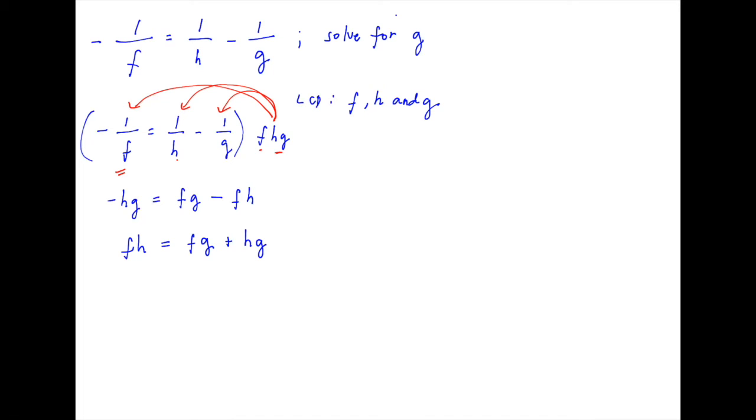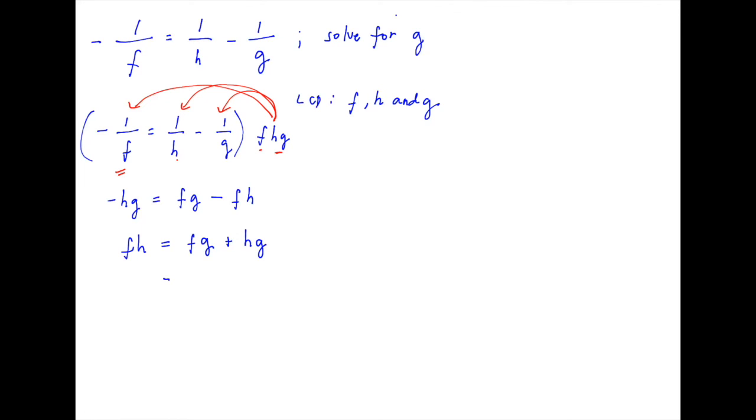Now, take note that if I transpose this to the other side, it changes sign. But in reality, in mathematics, there is no word such as transpose. It means that we are just using the addition property of equality.